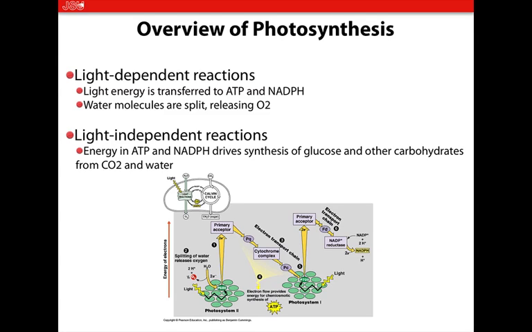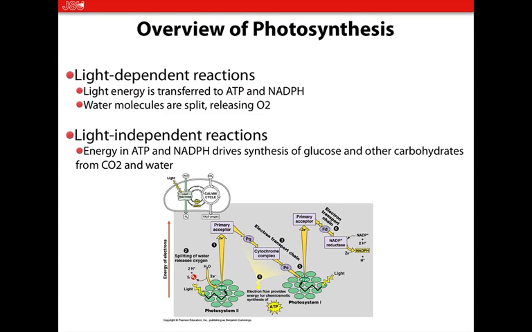Next step, light-independent reactions, also called the dark reaction. What goes into this? ATP and NADPH. Those are energy and proton carriers. Carbon dioxide goes into this in the light-independent reaction.